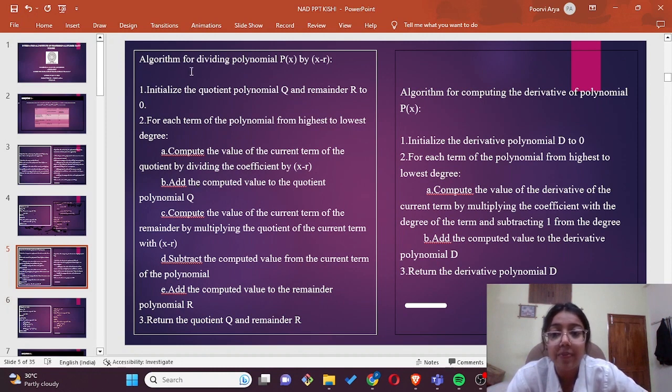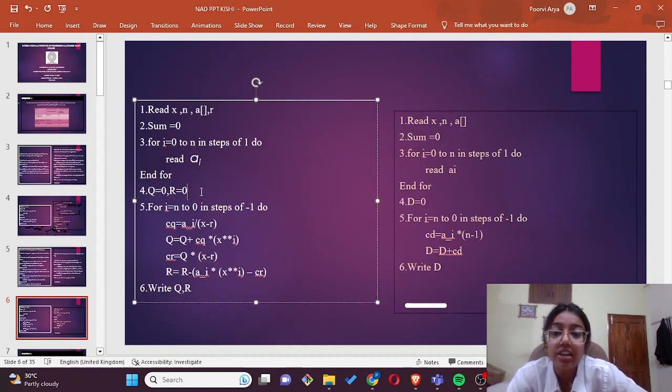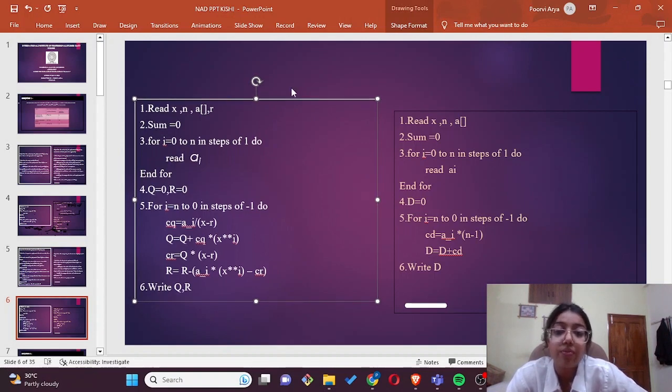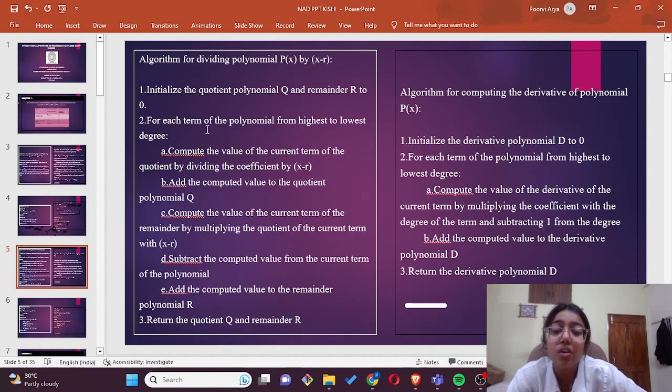We take the quotient and remainder 0. Let's first read it. It says initialize the quotient polynomial q and remainder r to 0. We have initialized q and r to 0. For each term of the polynomial from highest to lowest degree, compute the value of current term of the quotient by dividing the coefficient by x minus r.